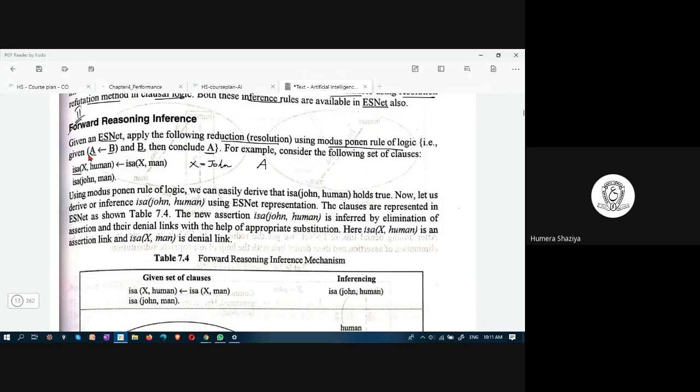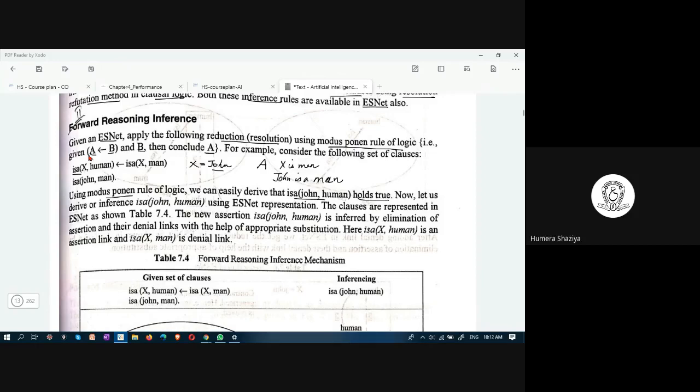When we say X is man, and in place of X we are putting John, we conclude that John is a man, which in turn implies that John is a human. Using the modus ponens rule, we can derive that John is a human holds true.